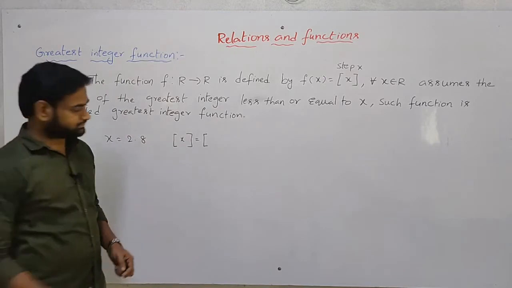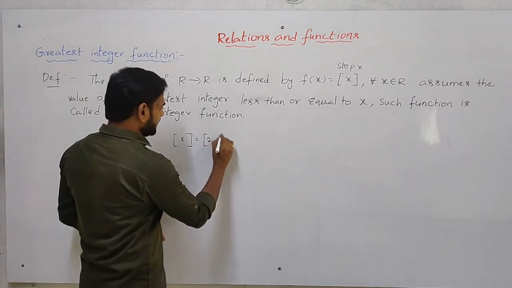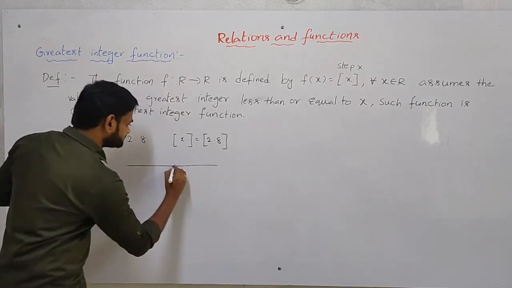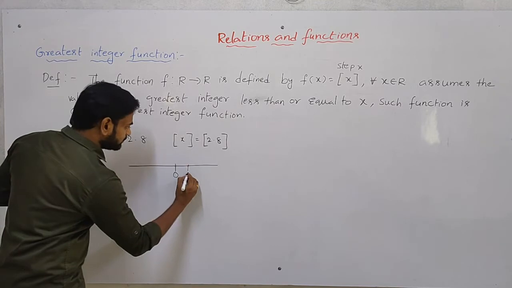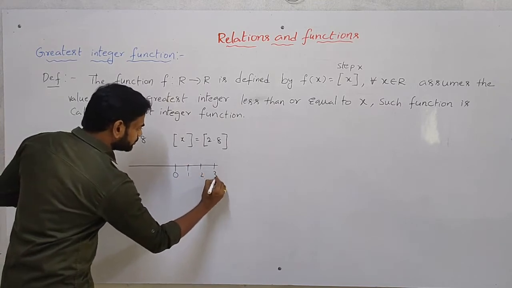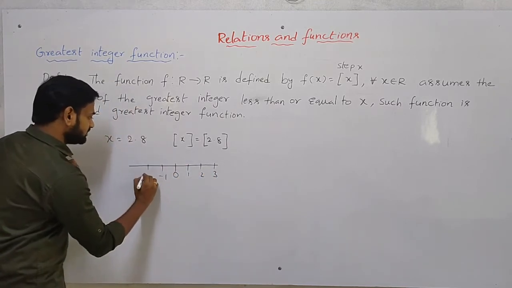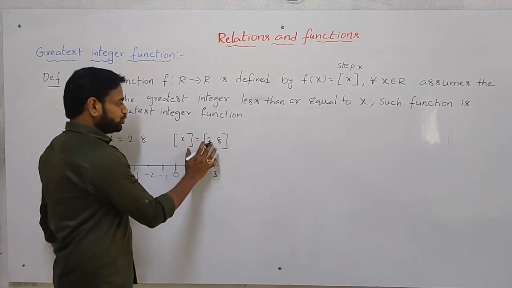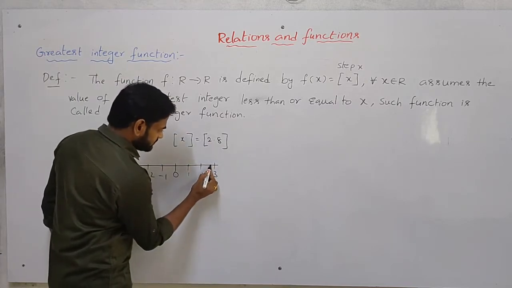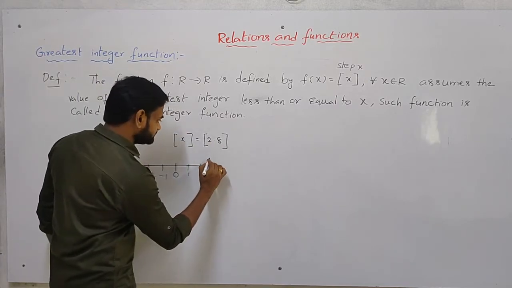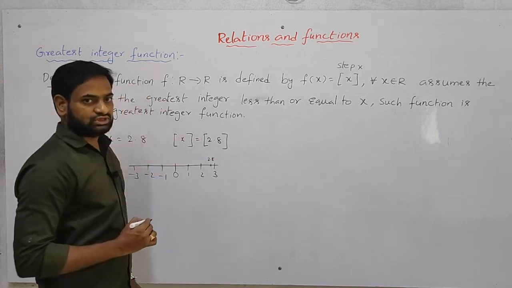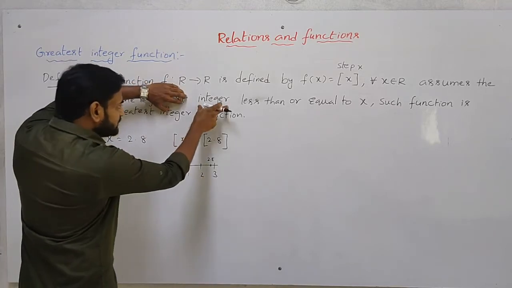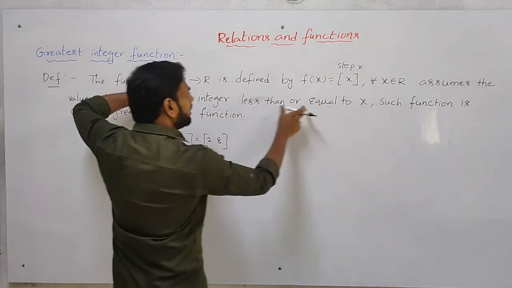Now see here, step of 2.8. Here I am taking a number line: 0, 1, 2, 3, minus 1, minus 2, minus 3. Just imagine 2.8 is here. It is the integer less than or equal to x.